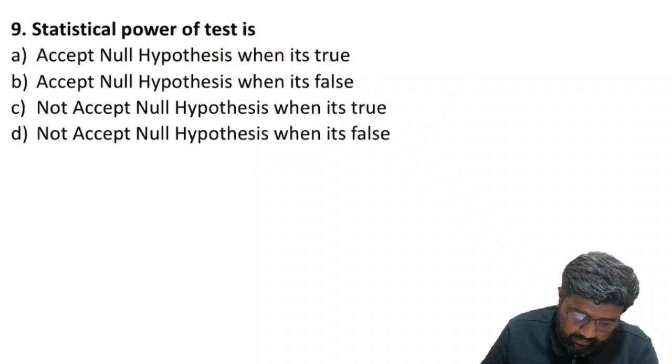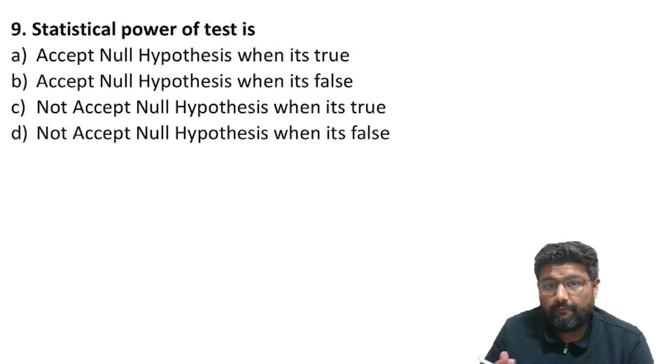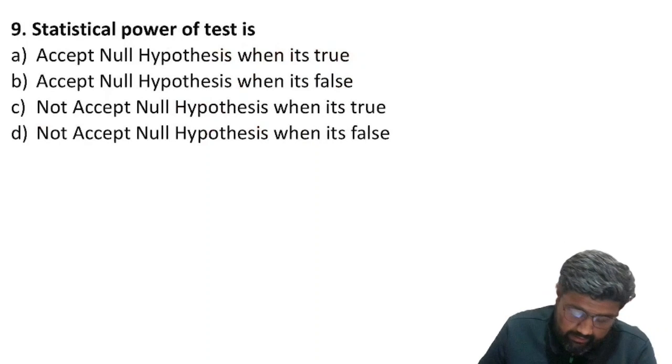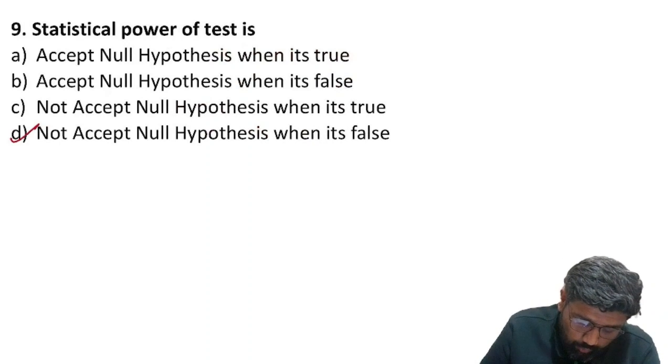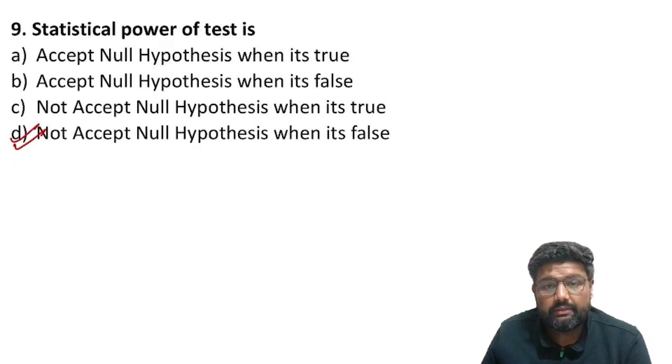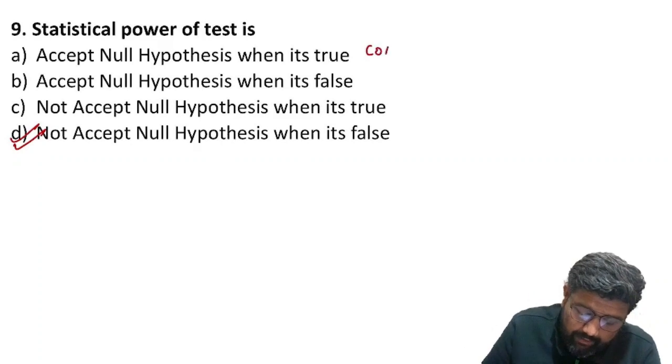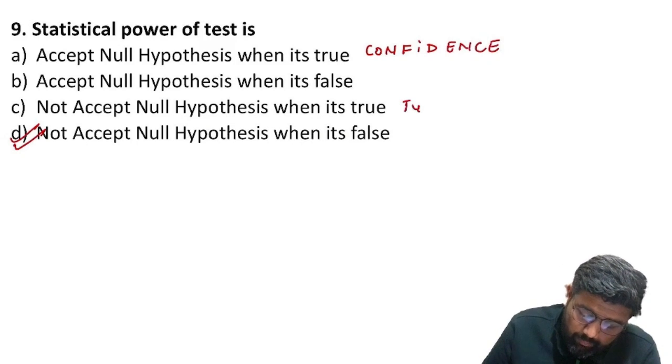Statistical power of a test is when we do not accept null hypothesis when it is false. Accepting null hypothesis when it is true is confidence. Not accepting null hypothesis when it is true is type 1 error.